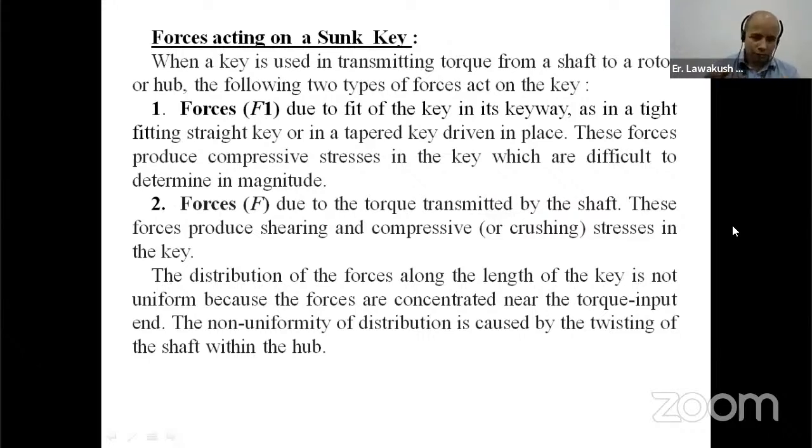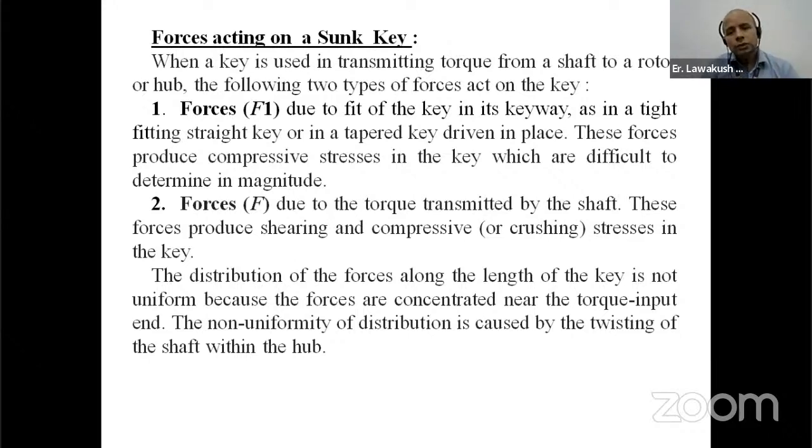I will show it in the figure further. This force F1 is induced due to the fit of the key in its keyway, as in a tight fitting straight key or in a tapered key driven in place. These forces produce compressive stresses in the key which are difficult to determine in magnitude. The second force which acts on the sunk key is denoted by F.